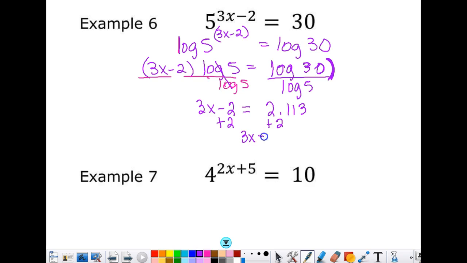So you get 3x equals, I think I wrote too big on this problem. 3x equals 4.113. Then what? Divide by 3. So x equals like 1.371. So what y'all got?